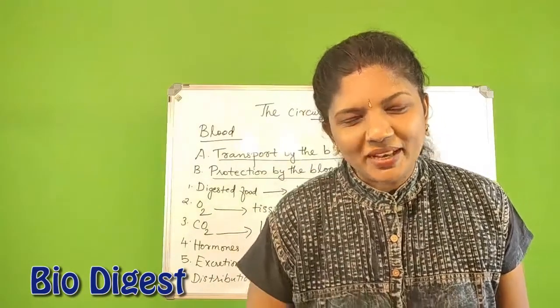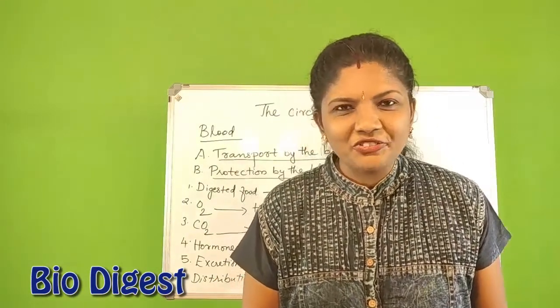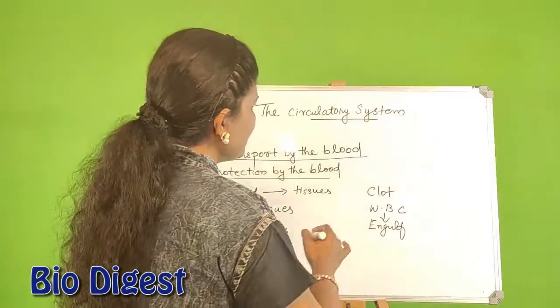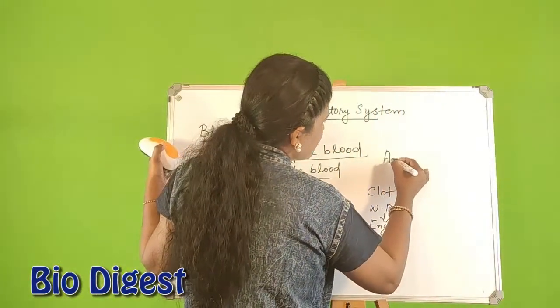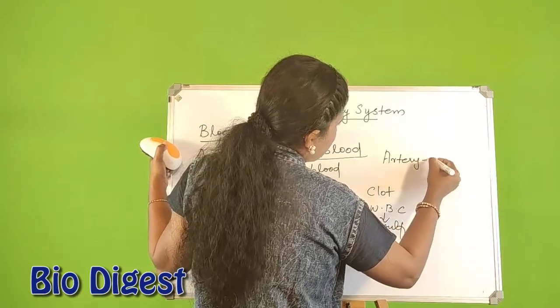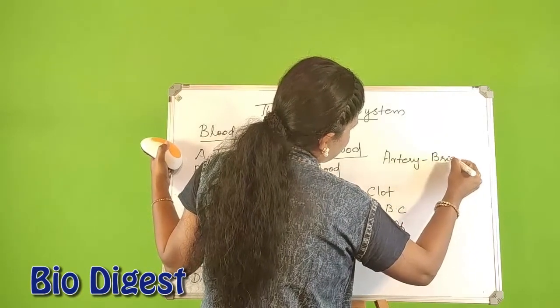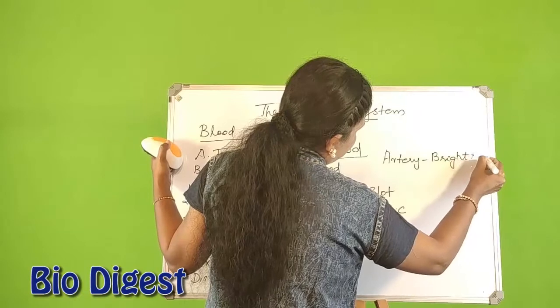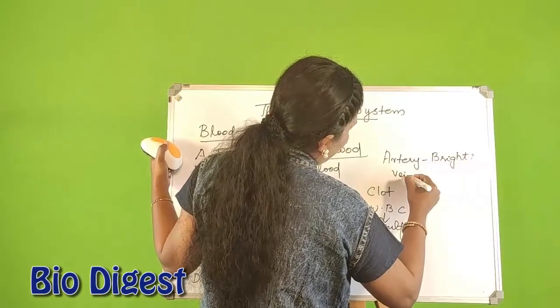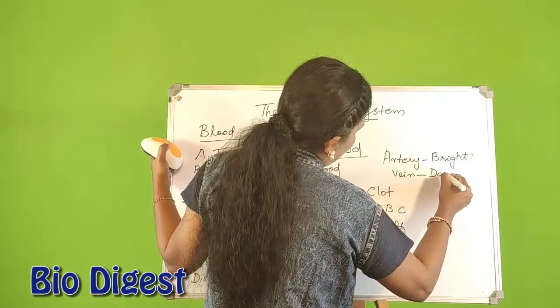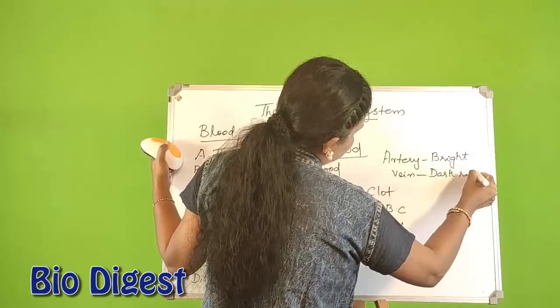Now talking about blood, what is the color of blood? Blood, when taken from an artery, will be bright red, and when taken from a vein, it will be dark red in color.